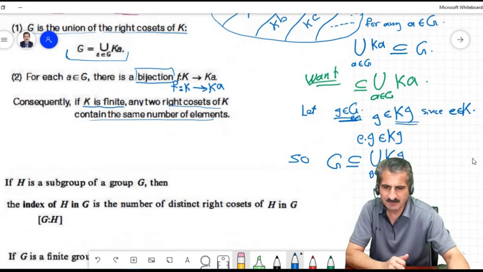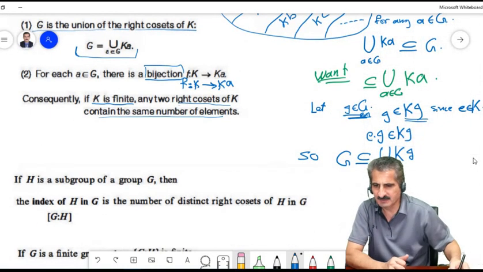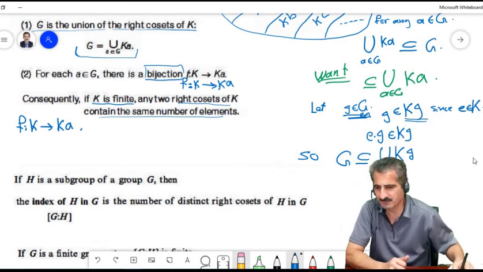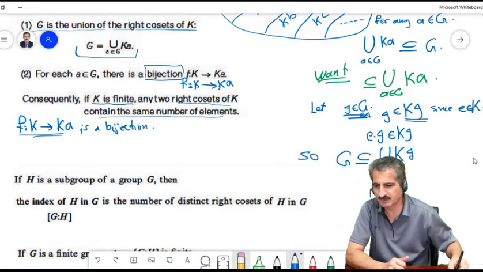Okay, now what about the second part, which is important for us? f from K to Ka is a bijection. This is simple to prove. Let me write that it is a bijection. So is it 1-to-1?